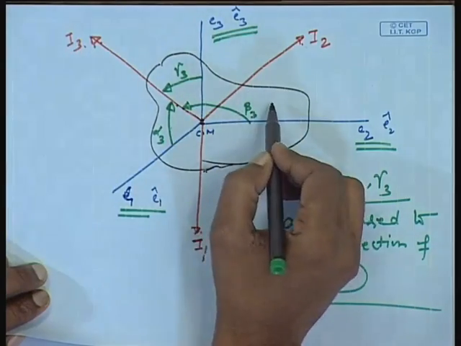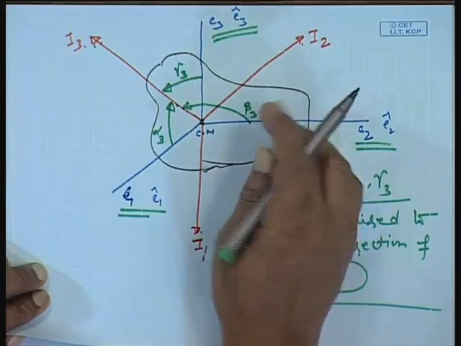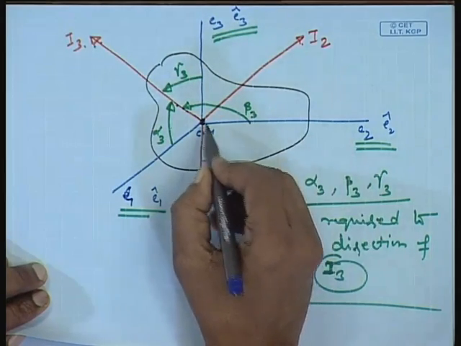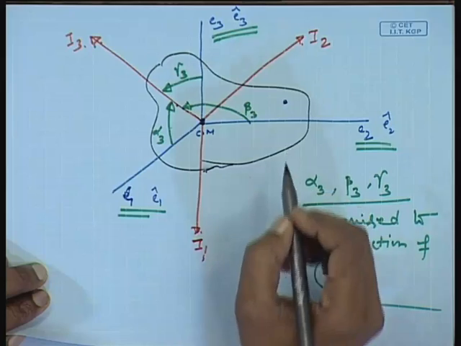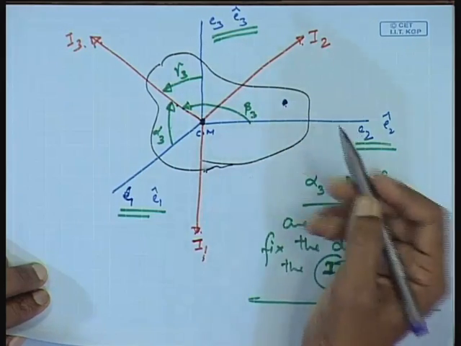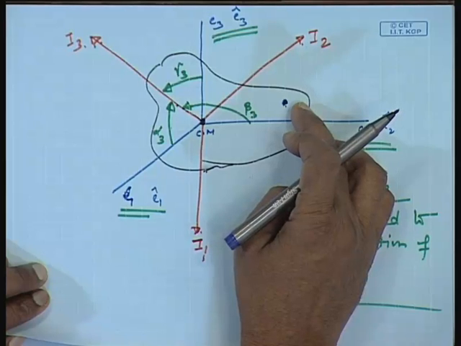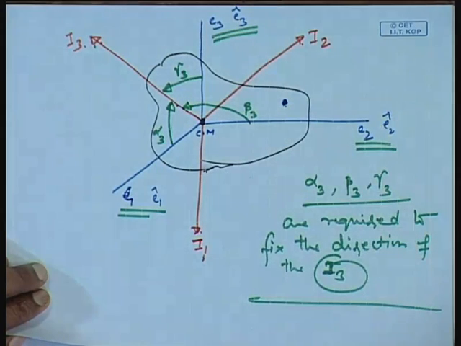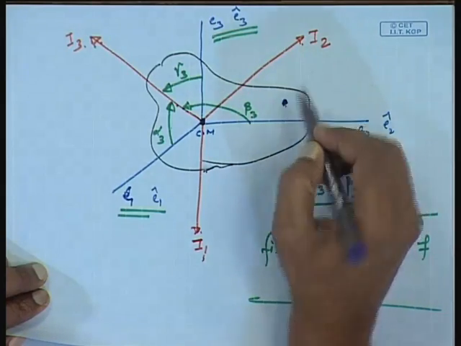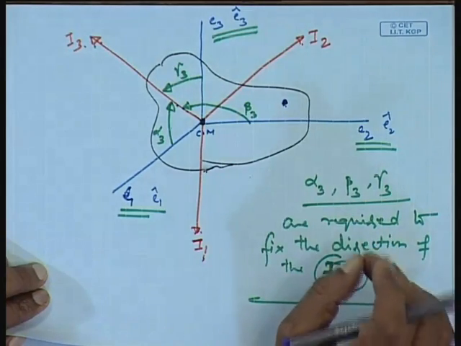We are considering one point here, and if we take another point and try to find out the directions of the principal moments of inertia about it, they will be totally different. And similarly, the directions are different, and also the principal moment of inertia values will change.